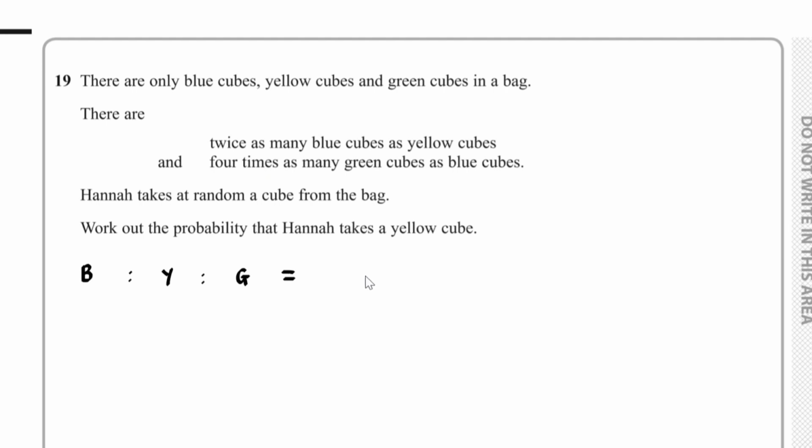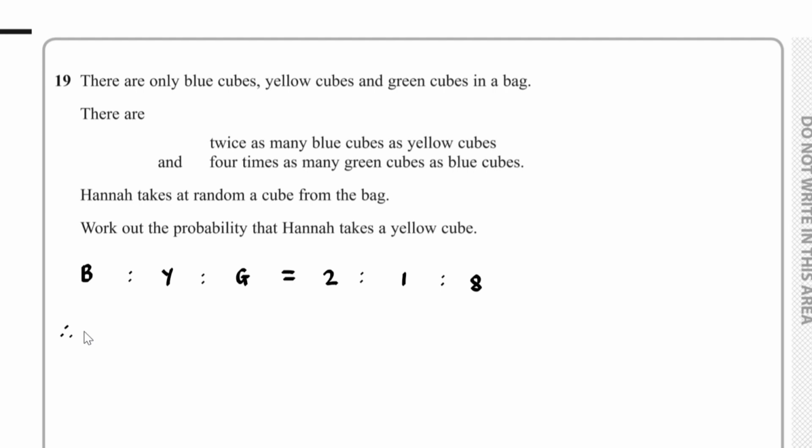So if we say that yellow has 1 part, blue will then have 2 parts, and green will have 4 times as many as blue, so 2 times 4 is 8. So we need to work out the probability that Hannah takes a yellow cube.